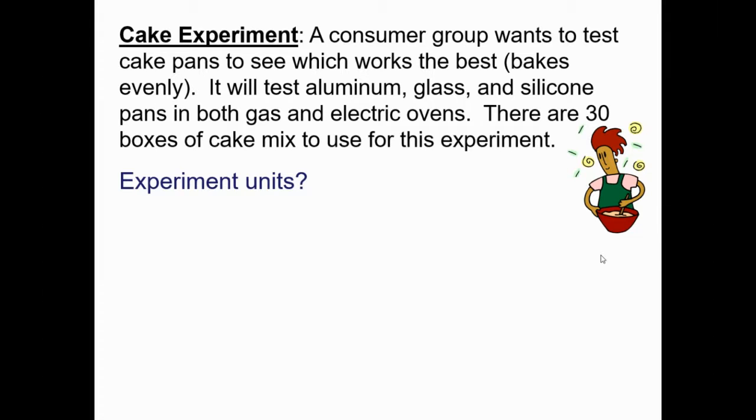Which cake pan works best and bakes the cake the most evenly? So they test aluminum, glass, and silicone pans in both gas and electric ovens. And to do this experiment, they bought 30 boxes of cake mix to use. So what are our units?